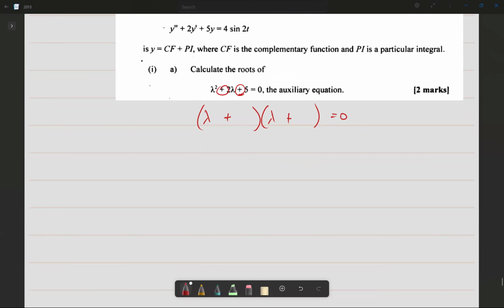Okay. Wouldn't you use the negative b plus or minus root of b squared minus 4ac over 2?